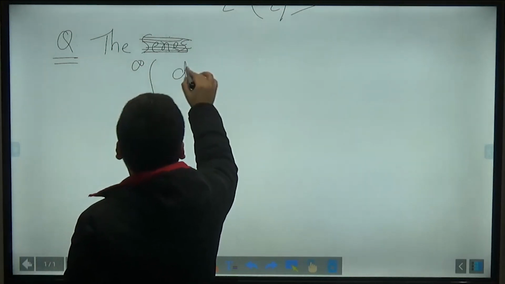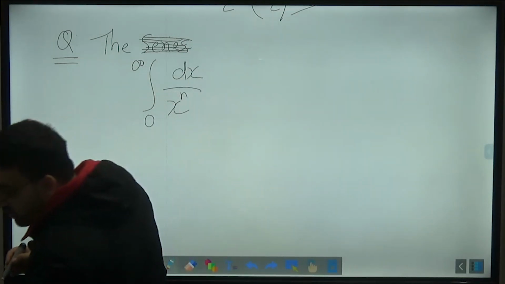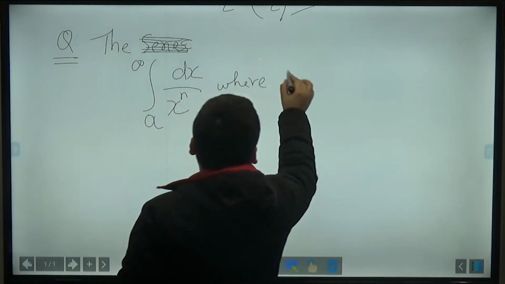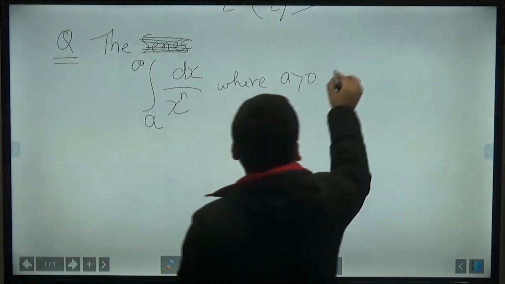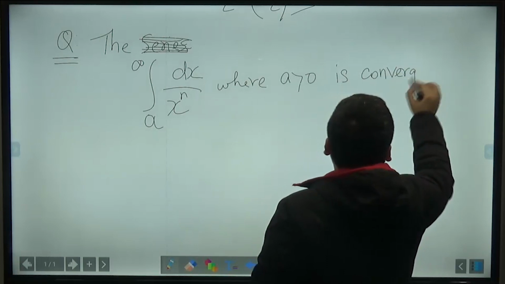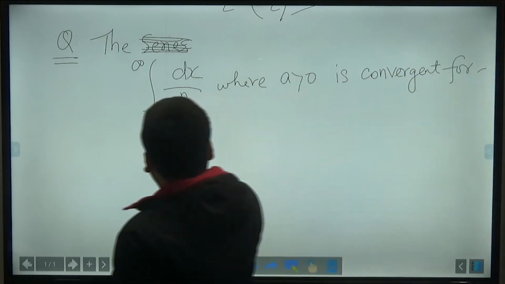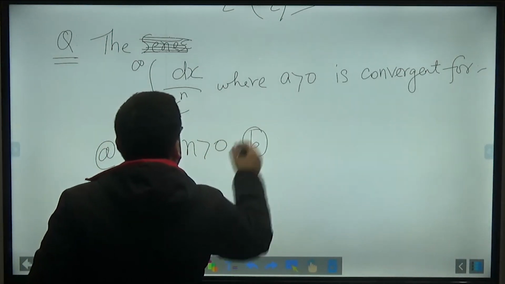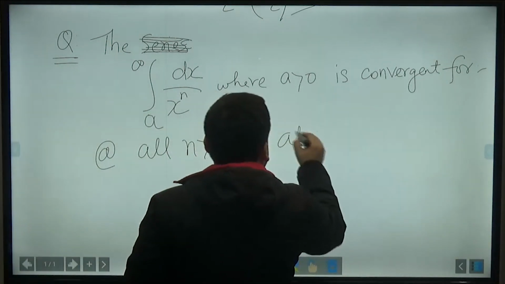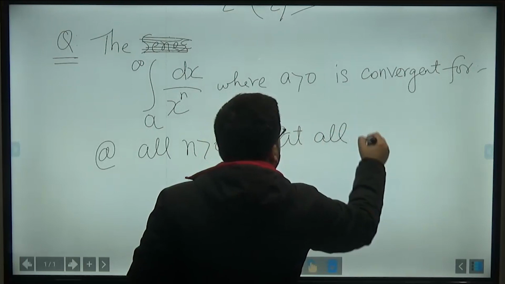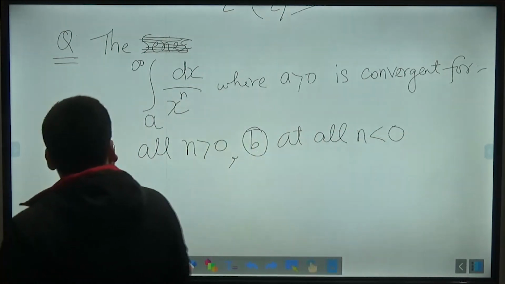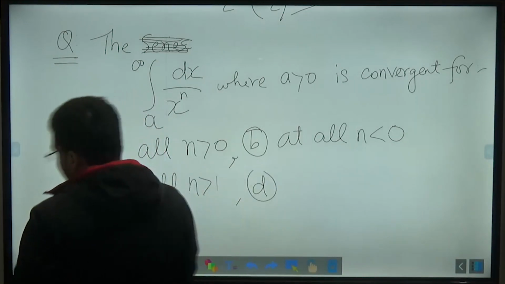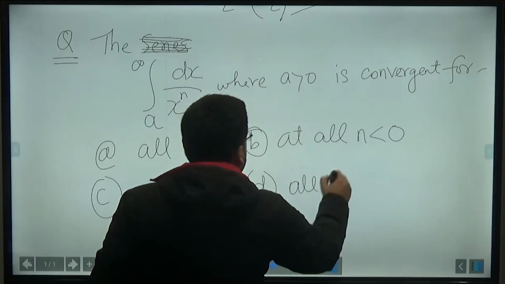Integration from a to infinity dx upon x raised to the power n, where a is greater than 0, is convergent for option A, all n greater than 0, option B, all n smaller than 0, option C, all n greater than 1, and option D, all n.